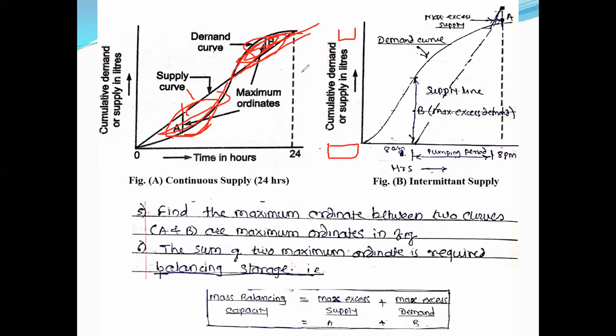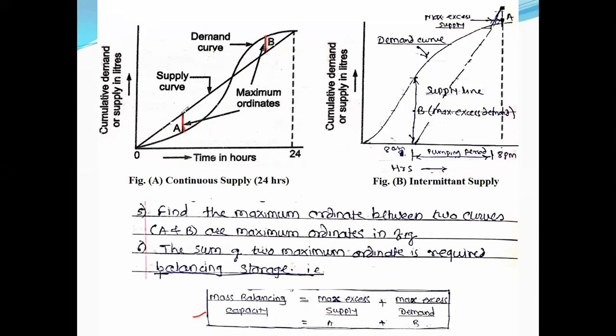So here these two maximum values, that is the difference between supply and demand, when we add these two values, we get the capacity of the distribution reservoir. You can see the formula here. Mass balancing capacity is equal to maximum excess supply plus maximum excess demand.